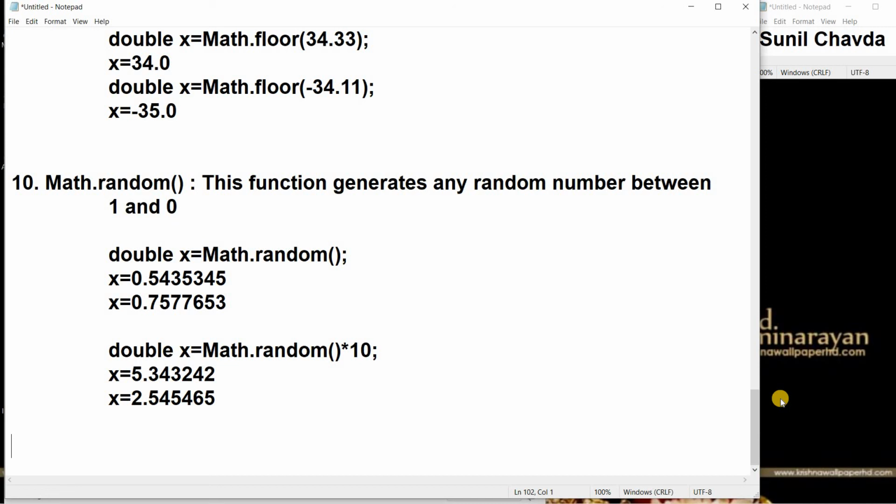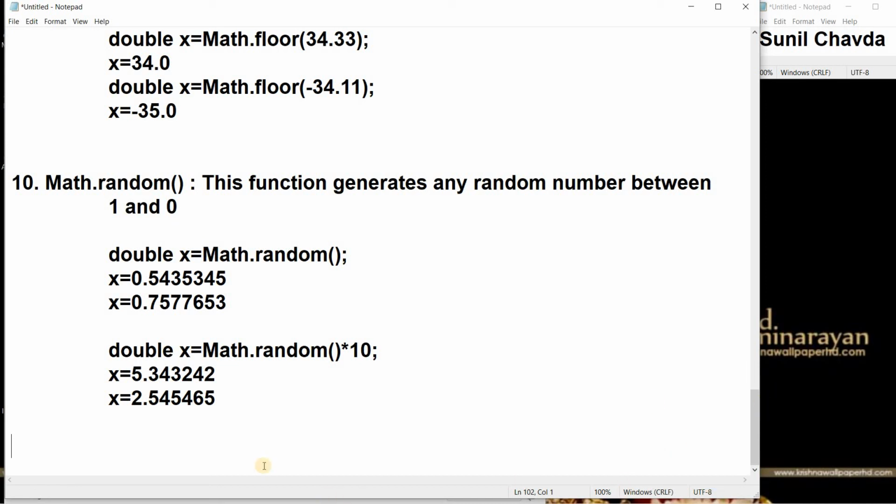Then we have Math.log, Math.sin, Math.exp, sine, cos, tan. All these are there, but they are not in your 10th grade syllabus. So we have to do only these many functions.